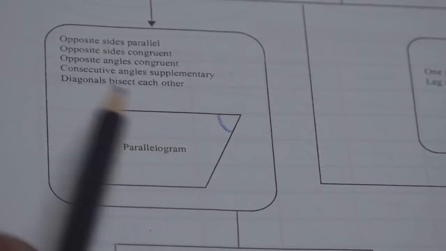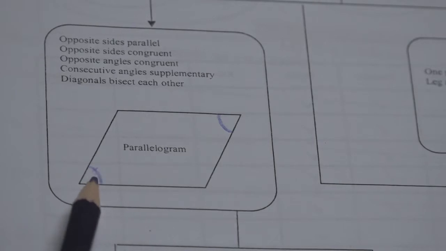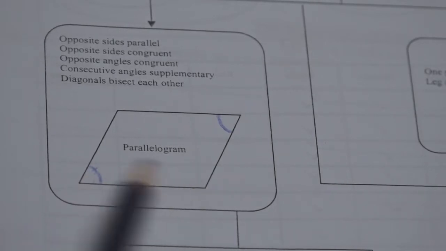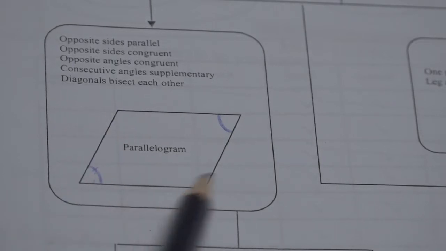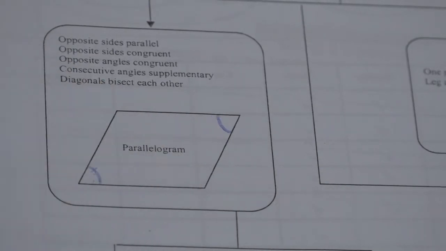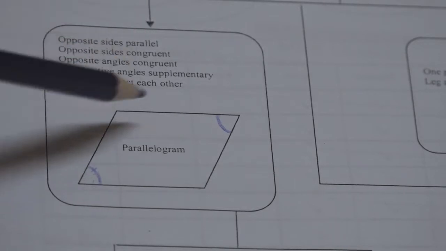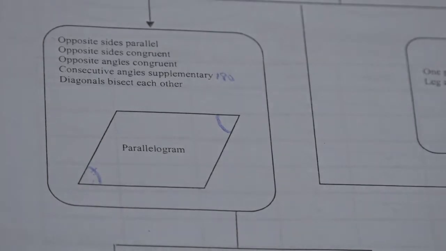Well, consecutive angles are supplementary, meaning that this angle with this other angle, these are consecutive, either this with this or this with this. In other words, it's like on the same side. Like this angle and this angle are supplementary, meaning that they add up to 180 degrees. So I could just put here 180 degrees.